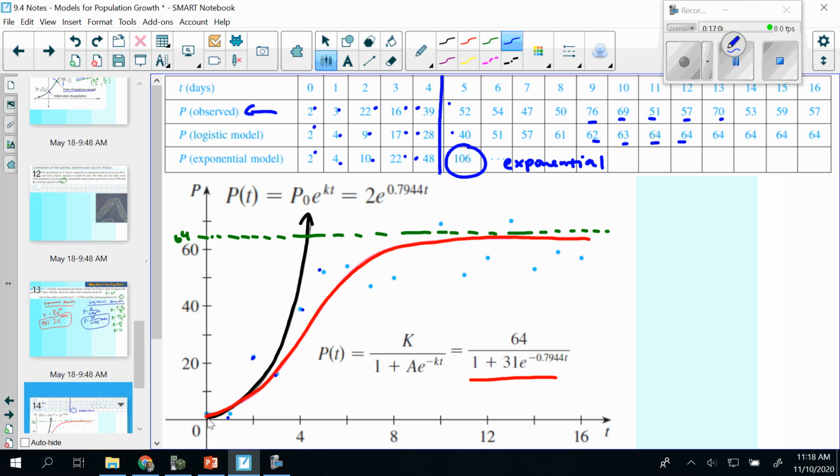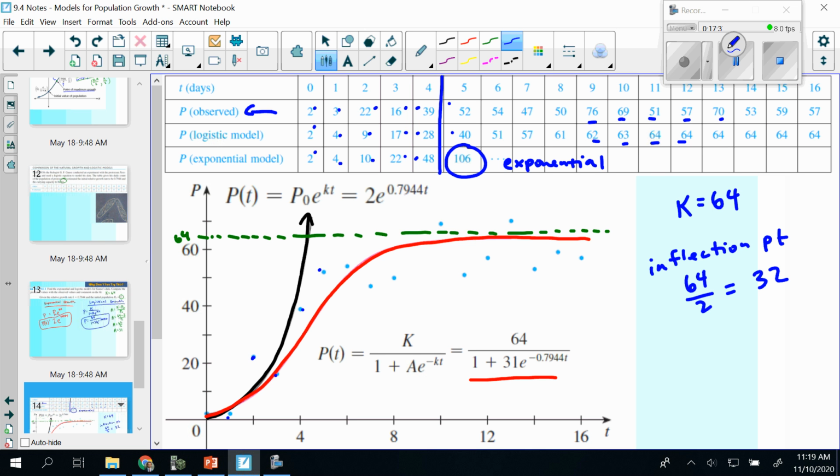I would also suspect here that we could find where that inflection point would happen. If our carrying capacity here is 64, then our inflection point would happen at half of that. So if you take 64 over 2, that's going to be 32.